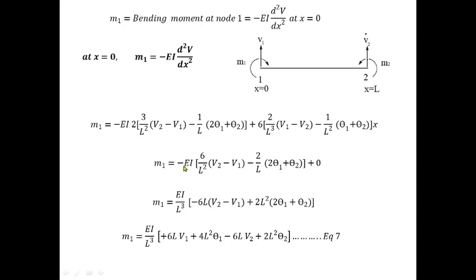Multiply negative inside, so this will be 6. Since we have L square here, this will be minus 6L (v2 minus v1) plus, we have only L, so you need to multiply in the numerator L square, 2L square (2 theta 1 plus theta 2). Finally rewrite the same equation in terms of v1, theta 1, v2, theta 2.